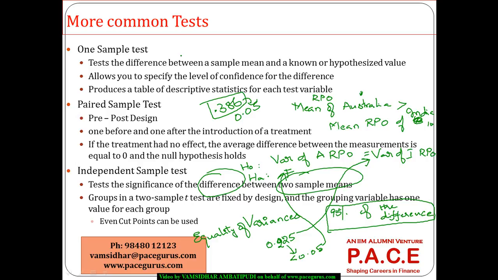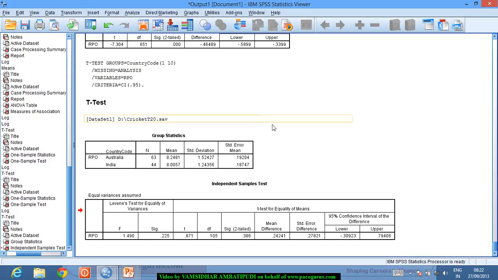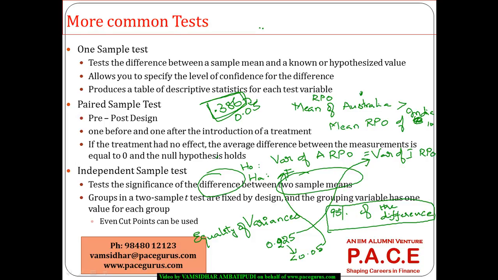So this is how we typically use the independent sample t-test to come out with a conclusion. Had this number been less than 0.05, I could have concluded that there is a real significant difference between the means of Australian runs per over and Indian runs per over. The confidence interval of the difference lies between minus 0.3 and plus 0.7.